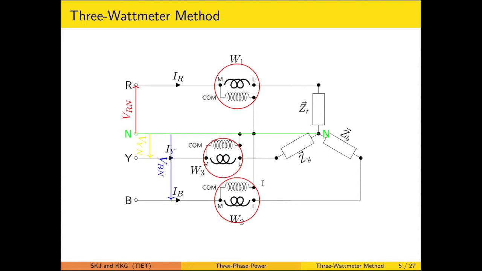When we are referring to the voltage VRN and the current IR, it is doing the single phase power measurement. So this 3 watt meter method is basically 3 measurements and each measurement is for the single phase power.